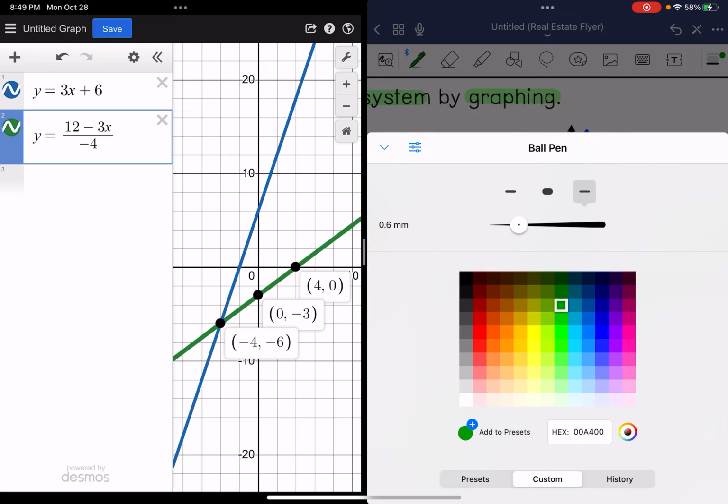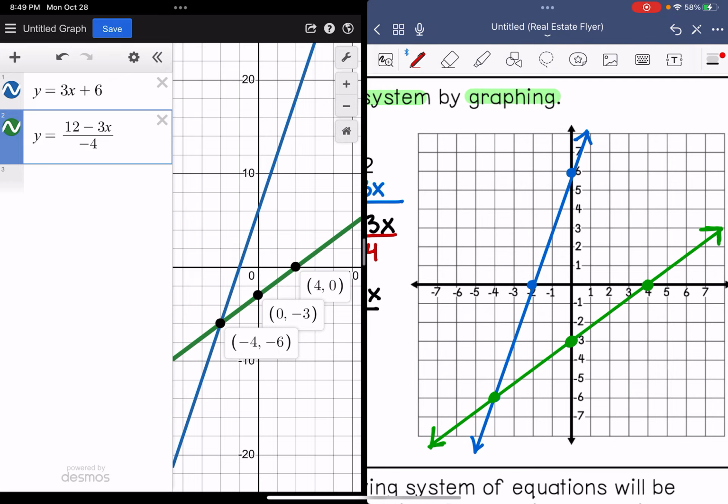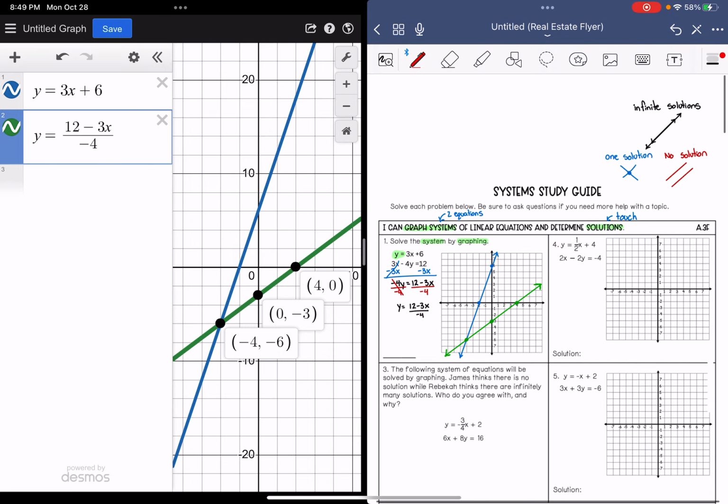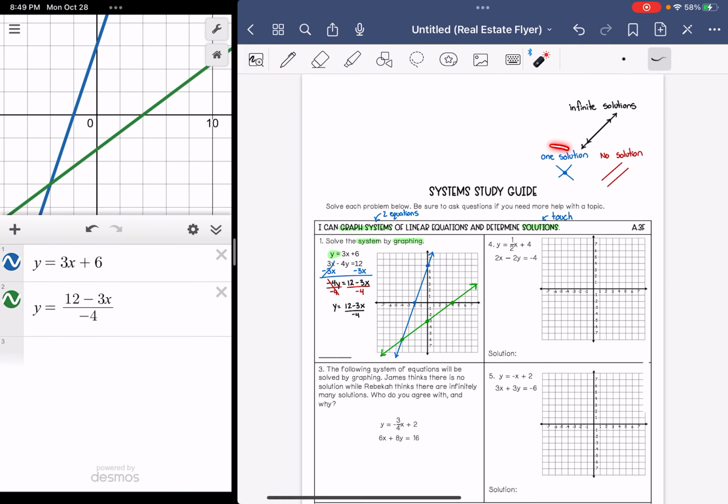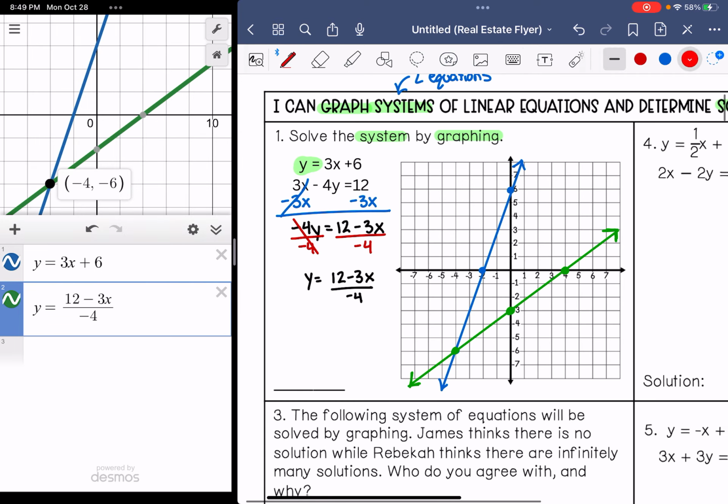is the system. And I can see that this system has one solution, and that is right there where those lines cross. On Desmos, it is right there at (-4, -6). On my graph, it is right there at (-4, -6).